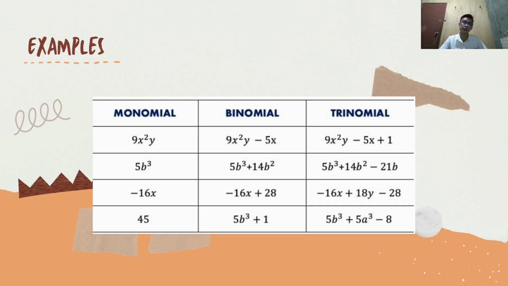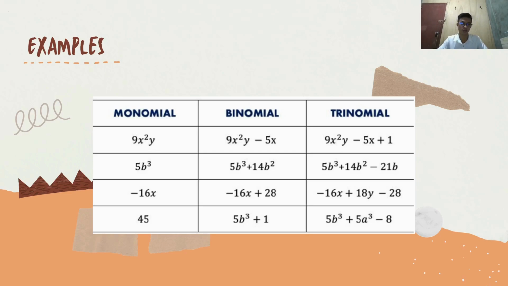We can see two terms because they are separated by the minus sign, just like in our last topic on algebraic expressions. So we call it a binomial. Secondly, we have 5b cubed plus 14b squared, negative 16 plus 28, and 5b cubed plus 1. Those are the examples of binomials.